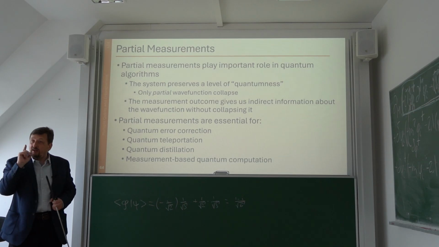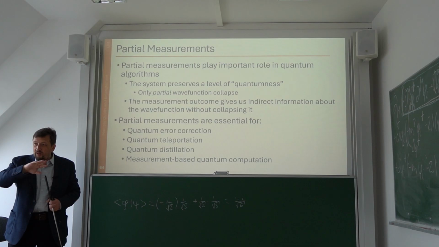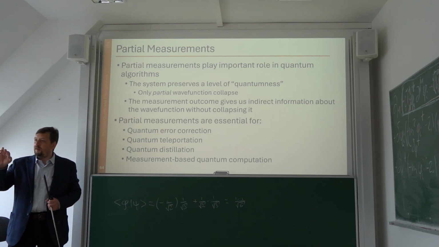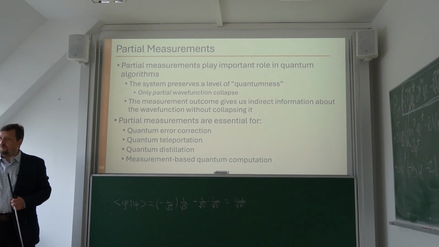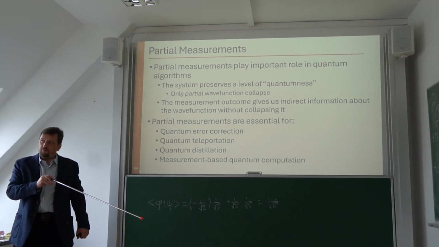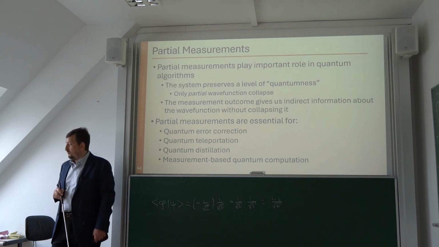Using just this approach, we can realize any quantum algorithm. So using just partial measurements, one after another, conditional, so what we measure next depends on the results of previous measurements, this is a very powerful tool.